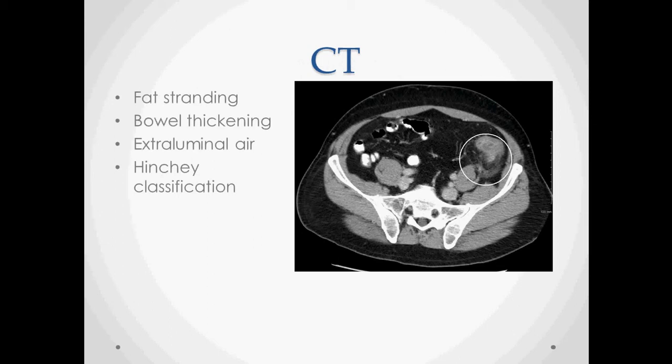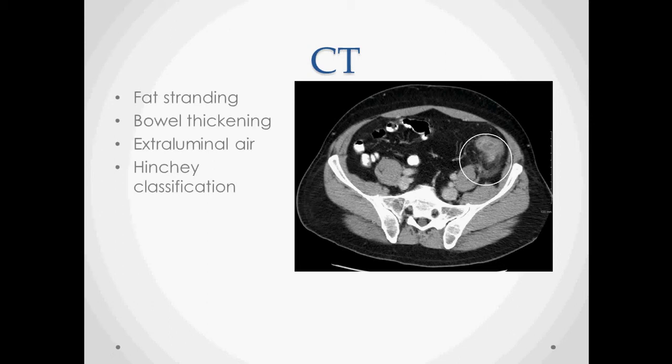On CT, you can see the sigmoid colon right here, and around here you get what they call fat stranding, and that's a sign of inflammation. You also get some thickening of the bowel. If there were perforation, then you can get some extraluminal air, so you get air out here in the peritoneal cavity.